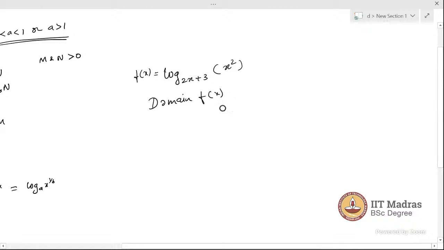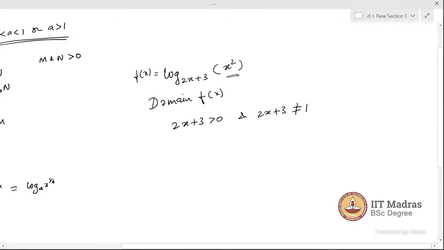Sir, it means 2x plus 3 between 0 and 1 and more than 1. So 2x plus 3, first of all, has to be greater than 0, correct? And 2x plus 3 should not be equal to 1.